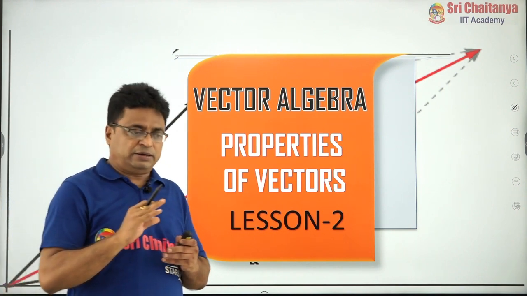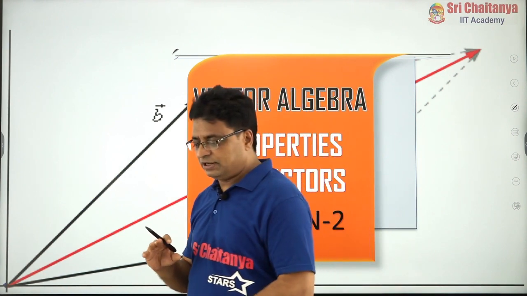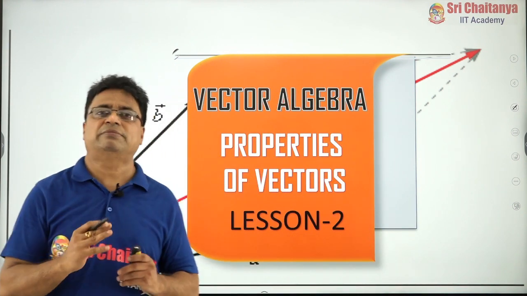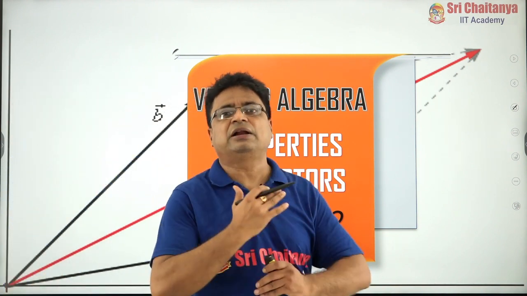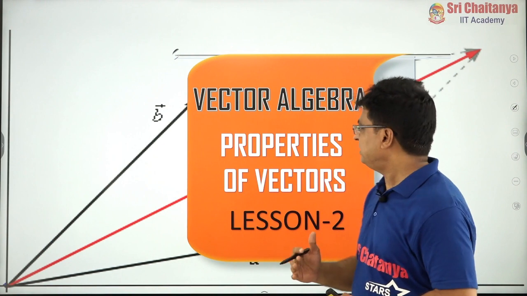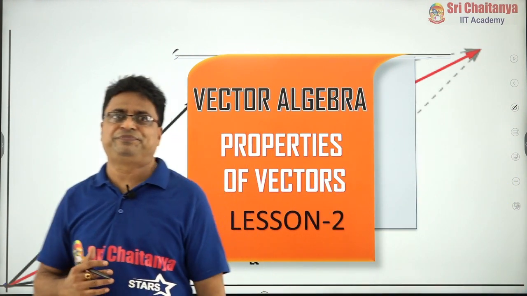Because, my friends, if you are good at vector algebra, then you can do wonders in complex numbers. Complex numbers and vector algebra are interlinked to one another. Of that, properties of vectors play a very good role.